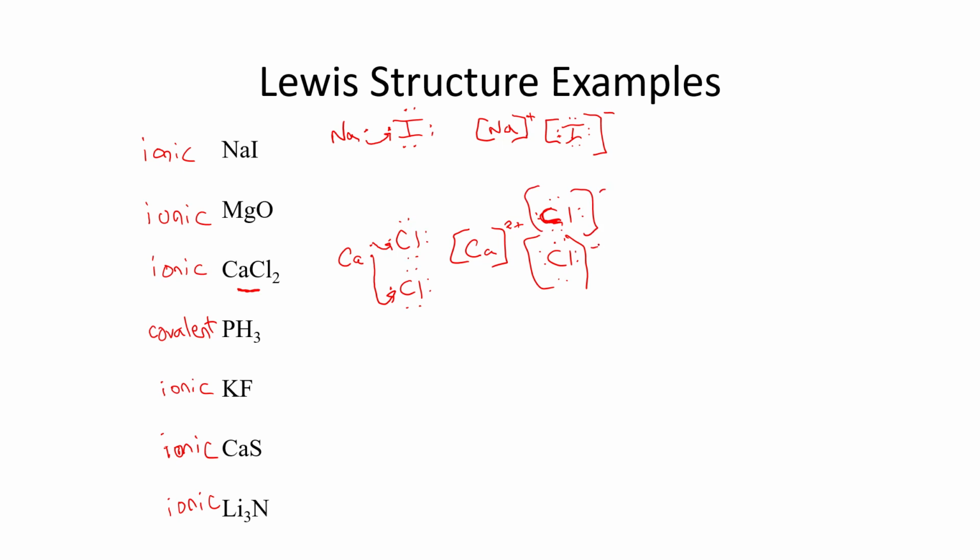And each one of those is minus, because each one of those only gained 1 electron. So this calcium gave up 2 electrons, so it became positive by 2, but each one of these only gained 1 electron, so it became negative by 1. So again, go ahead and pause the video, and then when you come back, I will go through the rest of these answers.